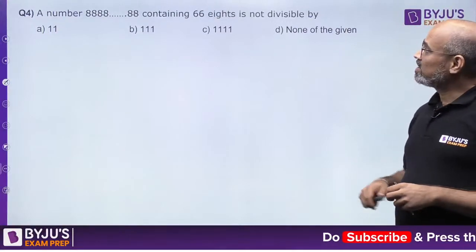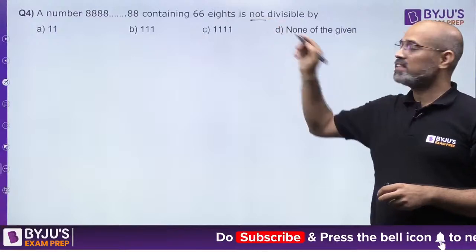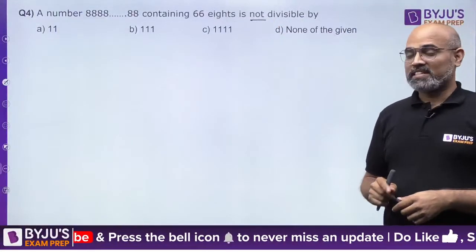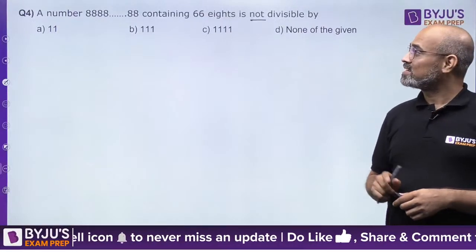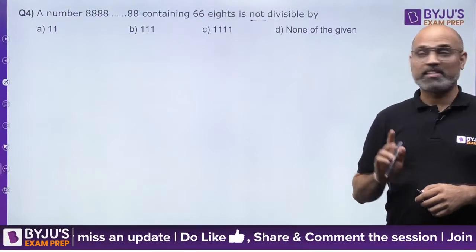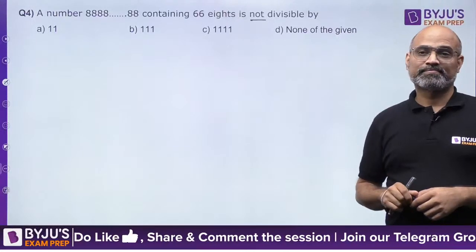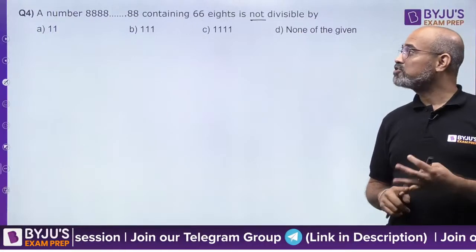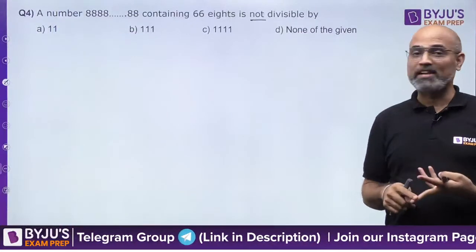Divya says A. Divya, I hope you have seen that it is not divisible, right? So is it 11? Is it 111? Is it 1111? Or is it none of the given? Prathamesh says C, Charlie. So we have Charlie in the house, we have Delta, we have Alpha.